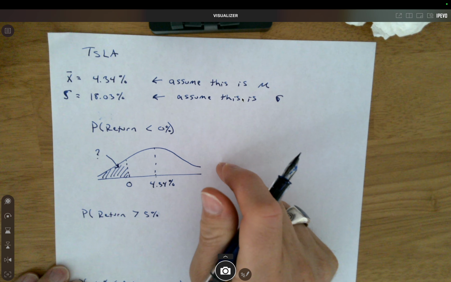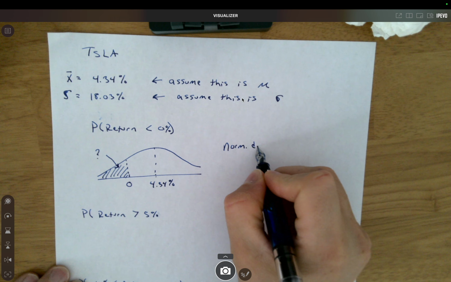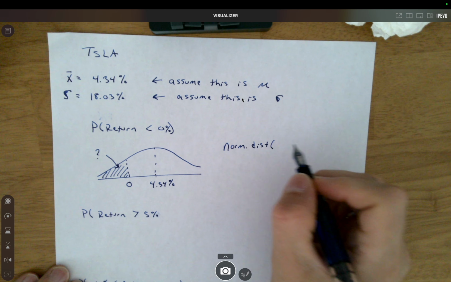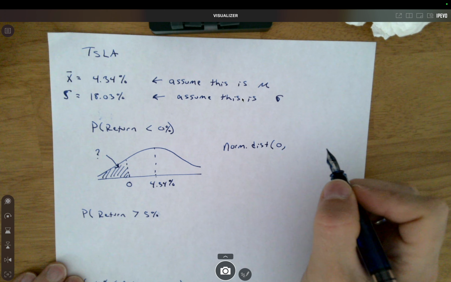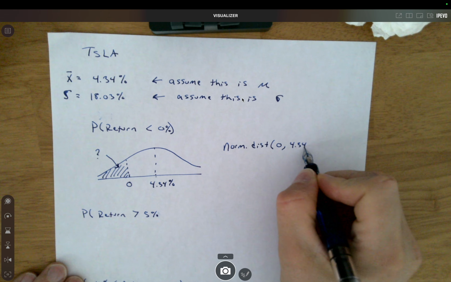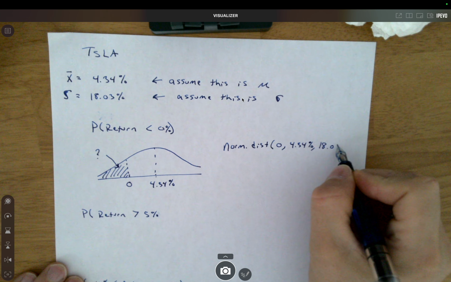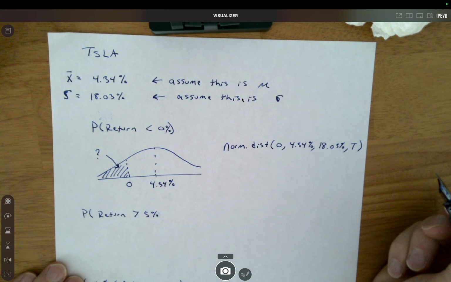So we would use norm.dist to solve this problem. And then we're going to put 0, our mu, so our 4.34%, our standard deviation, 18.03%, and we always do true.